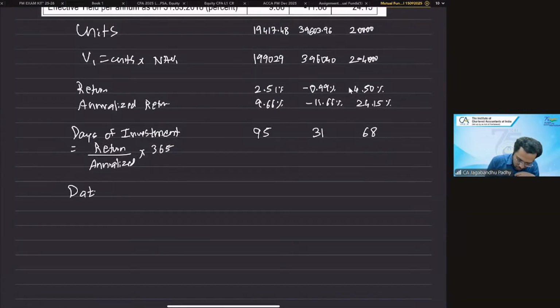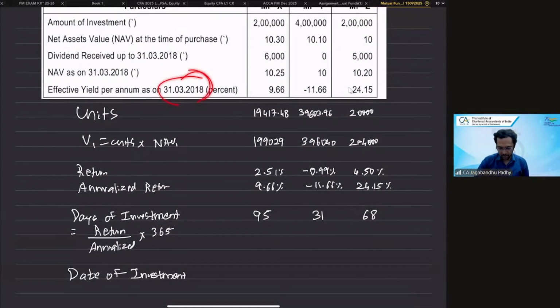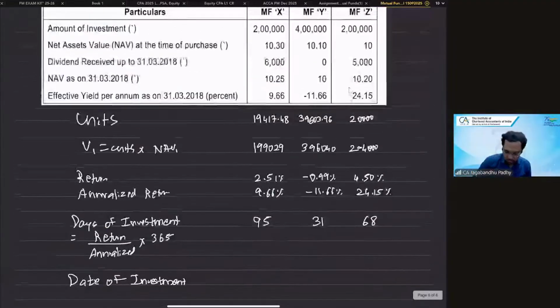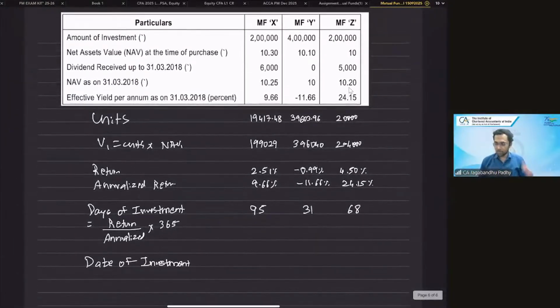Now the question has not asked, but I'll take it ahead one step. I would like to know the date of investment. We are calculating the return as on 31st March 2018. I want to know the date on which each of these investments were made. Sir, we have to go back from 31st March 2018, 95 days, 31 days back. Yes.